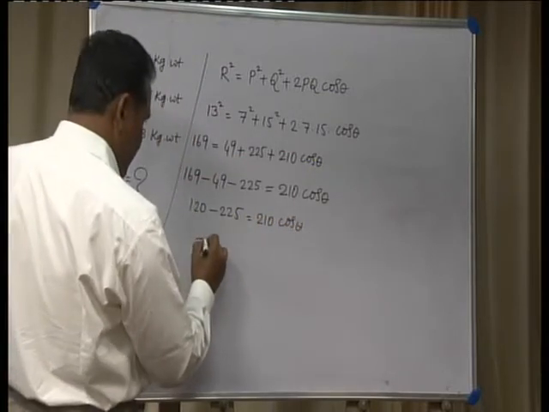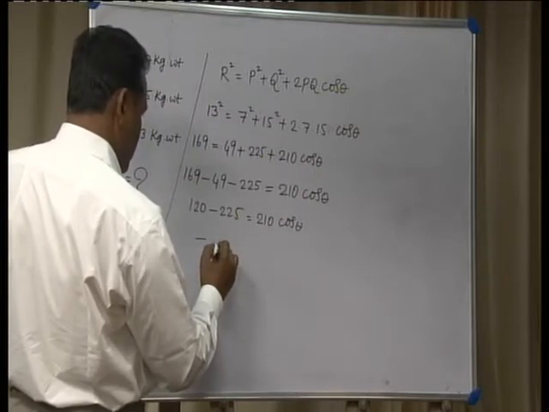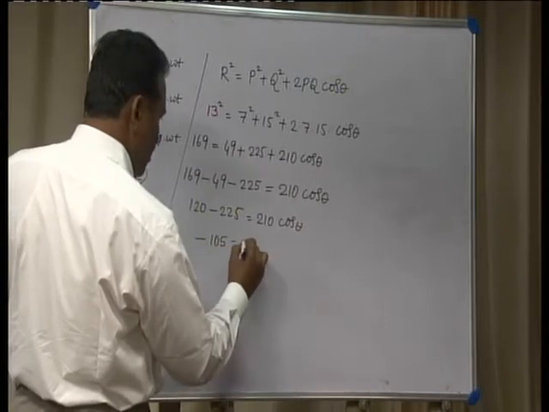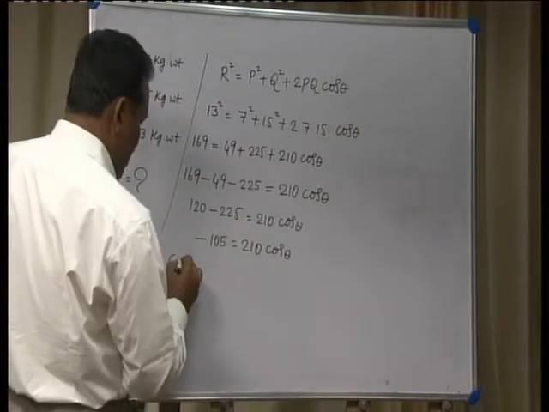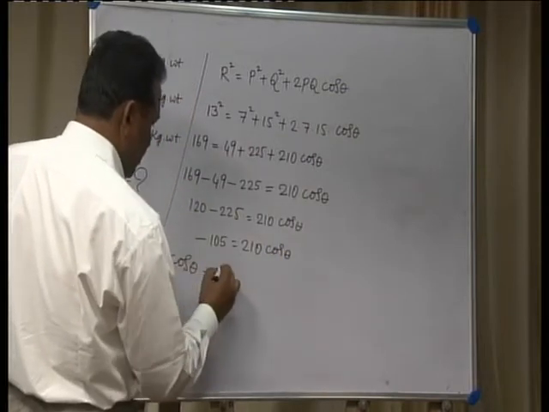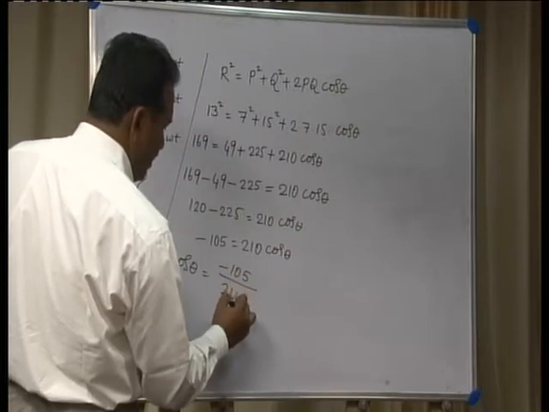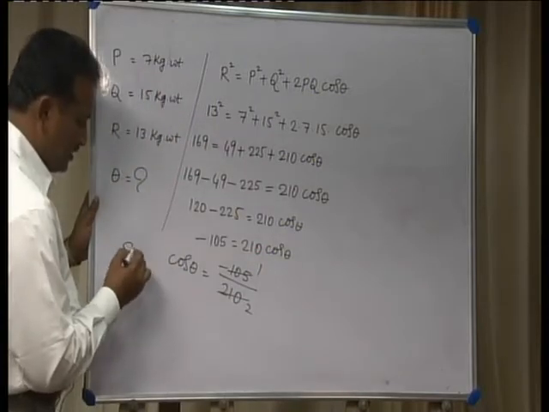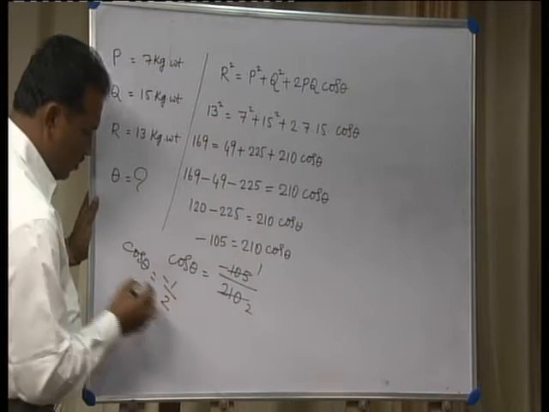It is minus 105, which is 210 cos theta. Therefore, cos theta is equal to minus 105 by 210. Cos theta is equal to minus 1 by 2.